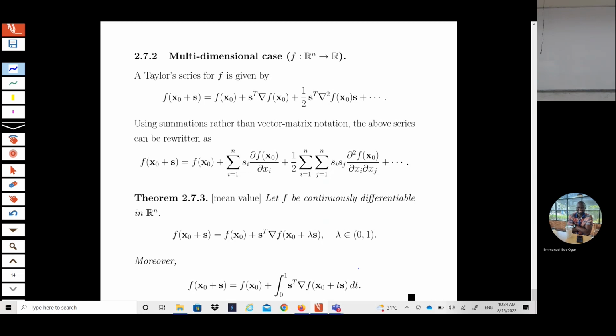In our course, we need the expansion up to the second order term, and that's all we want. It's enough for our consideration. But if you want to write it using summation, then this is it.